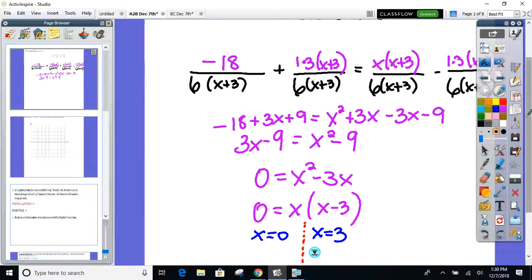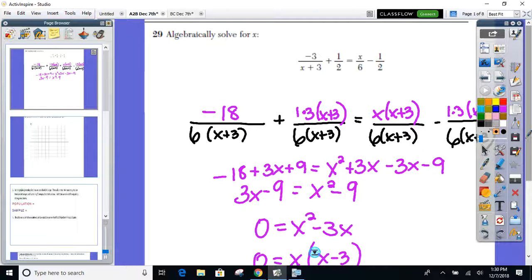So what should I be doing with 0 and 3? Checking them. Just store them into your calculator and make sure that the left side equals the right side. You have 2 hours there, instead of just sitting there gazing around. I think we're in the band room, probably, if they put us in the same room as last year. All right, we'll be in the band room. So maybe I'll be playing a little drums in the corner. I don't know, we'll see.